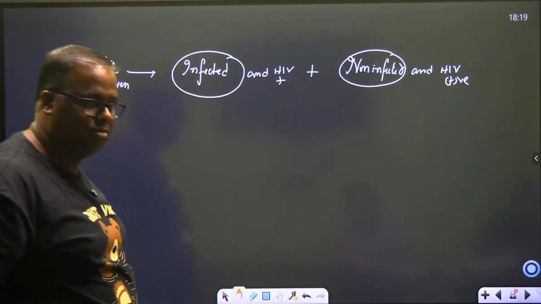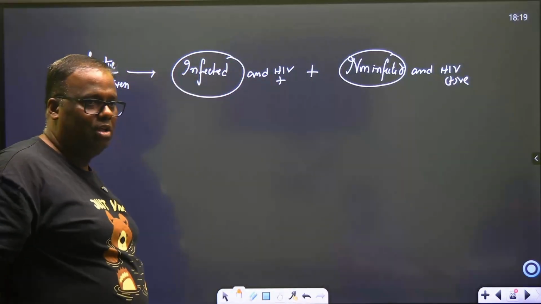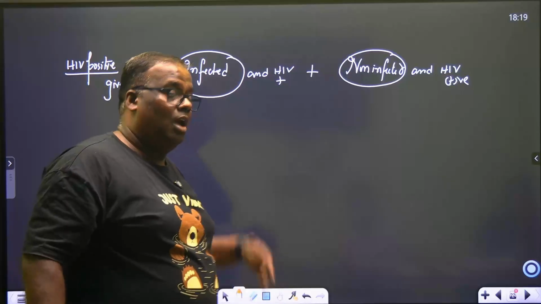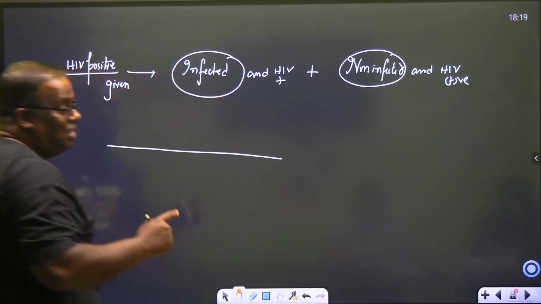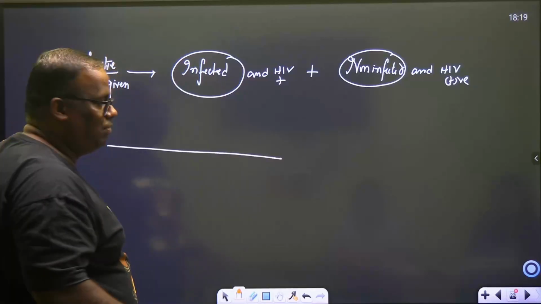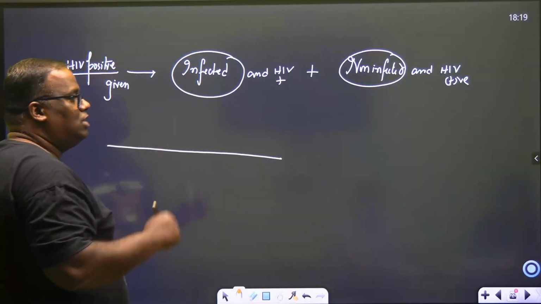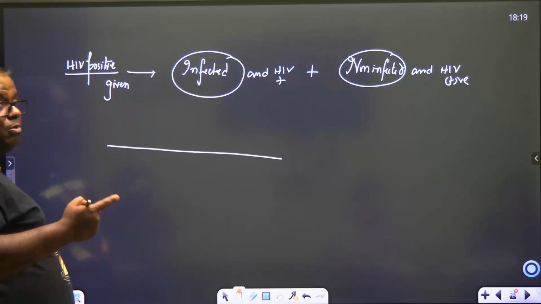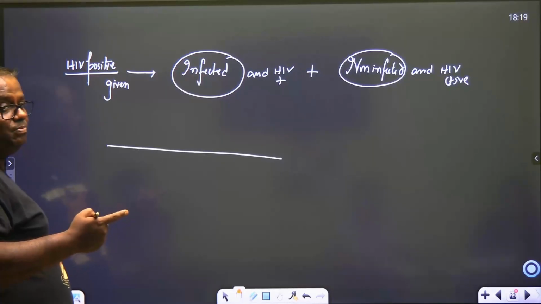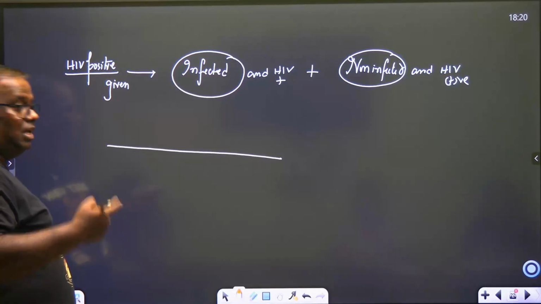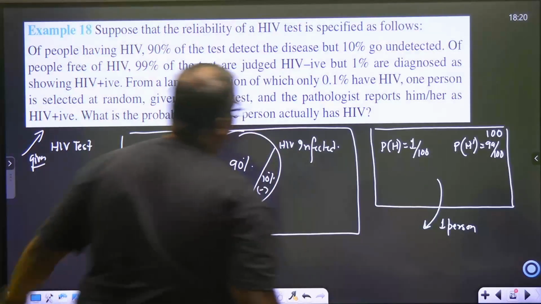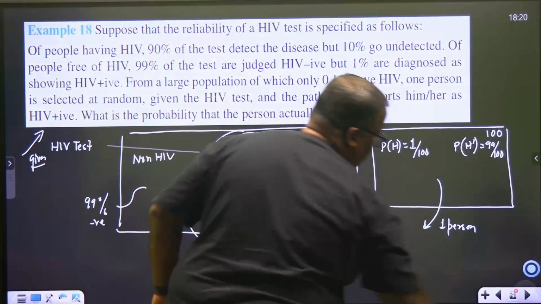Clear? This is the total. And what you are trying to find out, what is your numerator? Your numerator is that you have got an HIV positive. Okay. What is the probability that the person is HIV positive? That is what they have asked, right? Actually has HIV.